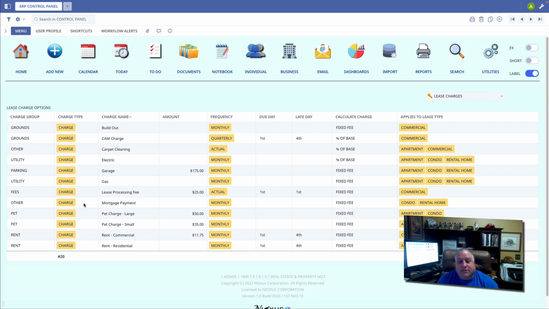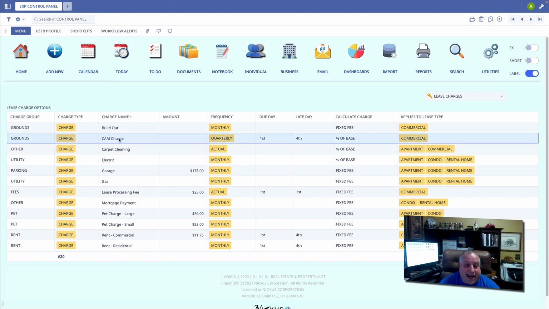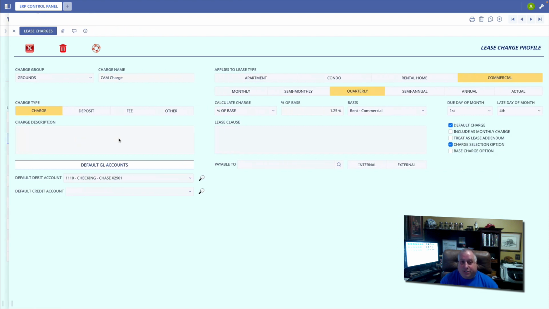Now, we've looked at all of these fixed fees, which are the most common type of fee or charge in a residential or multifamily real estate setting. In commercial real estate, however, we have a lot of fees, charges, and assessments that are based on a percent of another fee or charge. The most common of those would be the CAM, or the Common Area Maintenance Charge.